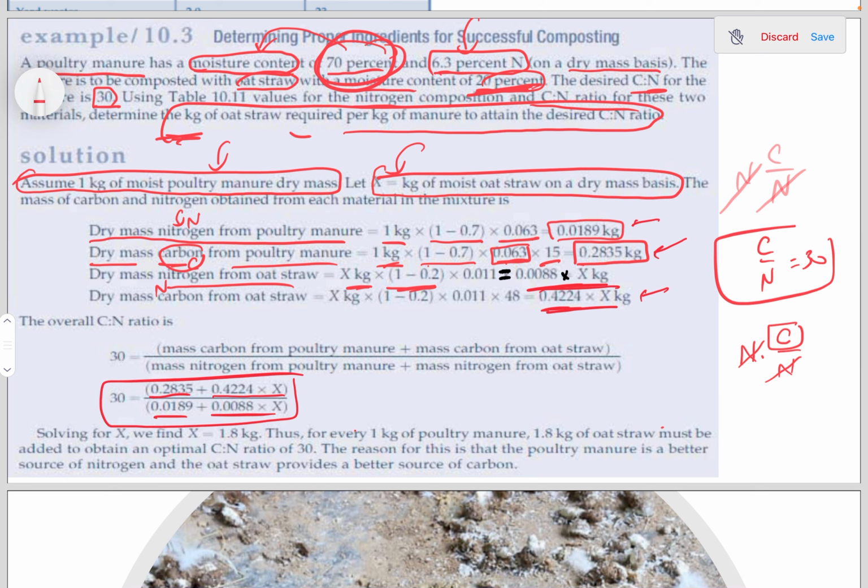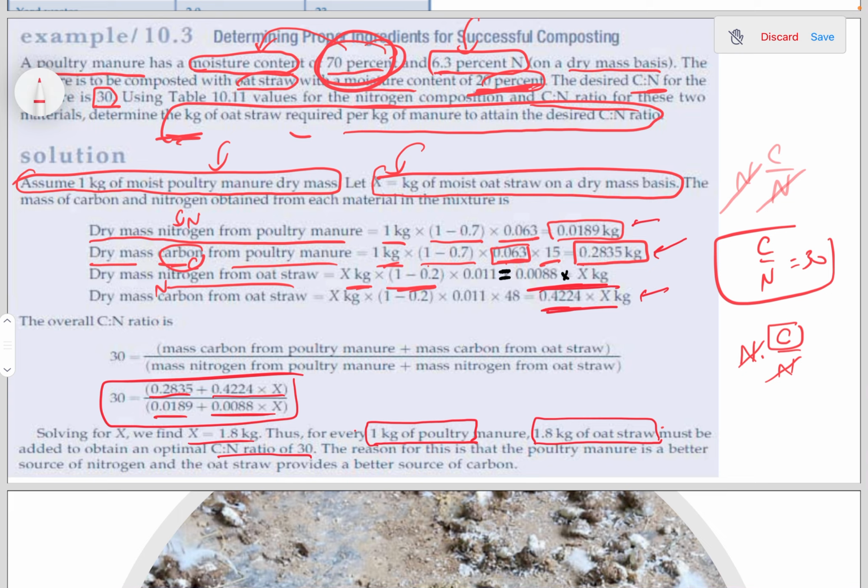At the end we find that X is 1.8 kilogram. What we conclude is that for every 1 kilogram of poultry manure, we're going to add 1.8 kilogram of oat straw in order to have a C over N of 30.